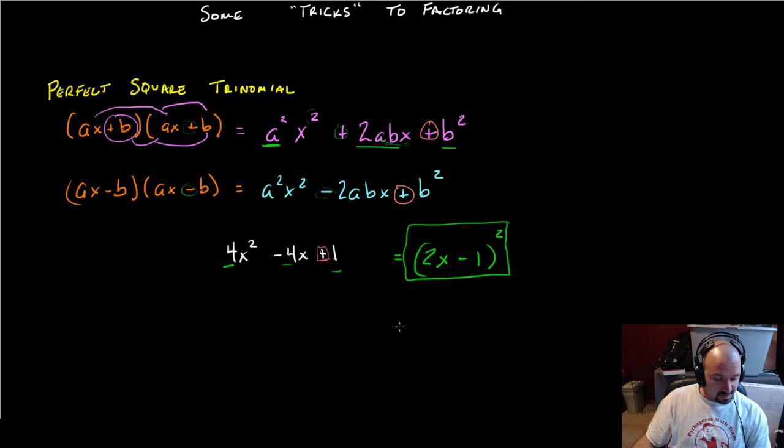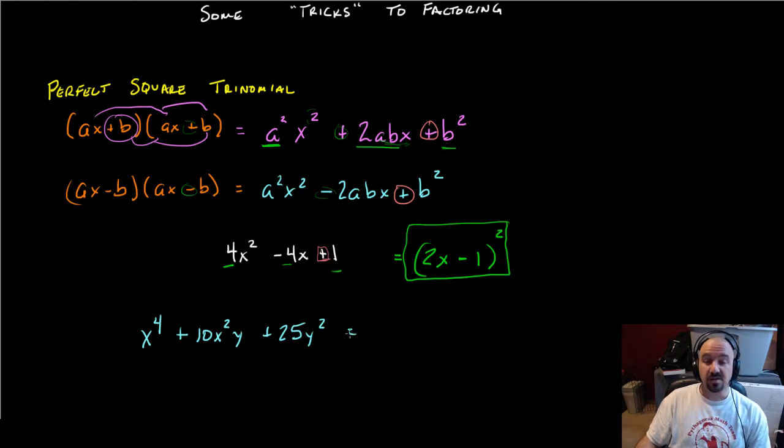So let's try another one here. Let's do something that's not quite as forthcoming. x to the 4th plus 10x squared y plus 25y squared.